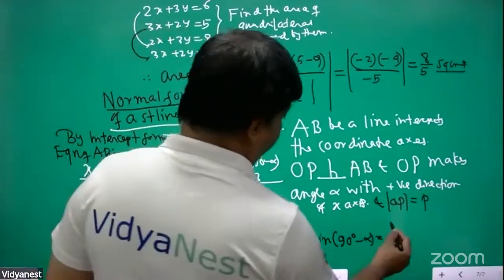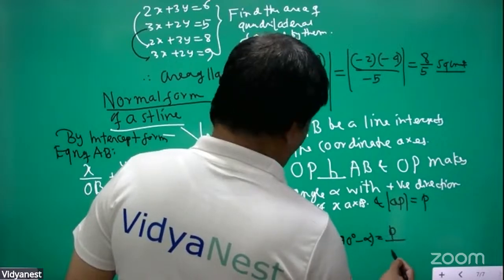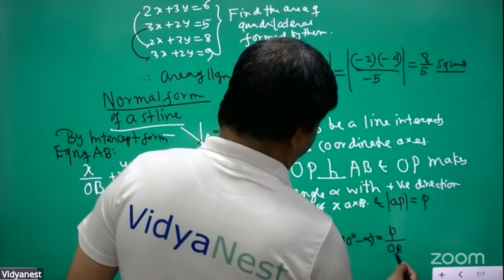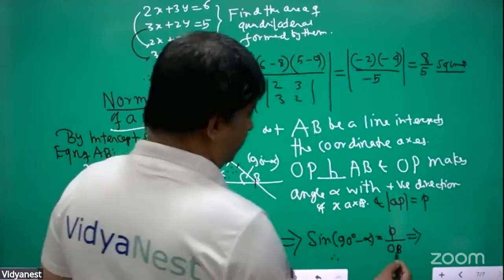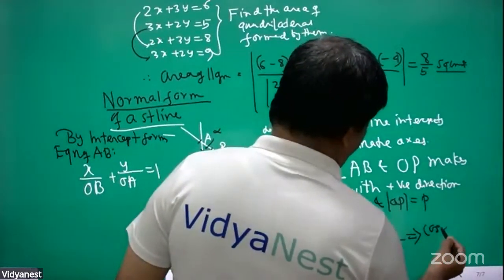OP is p and that is OB. So, it is cos alpha.